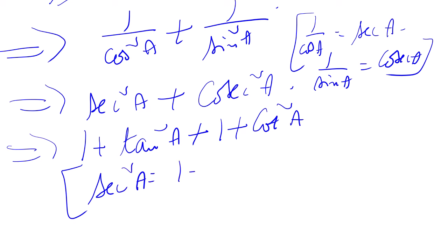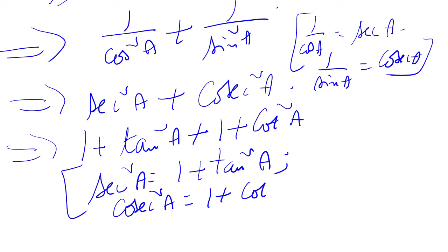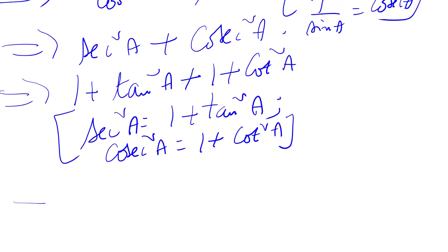One is sec square A is equal to 1 plus tan square A and the other one is cosec square A is equal to 1 plus cot square A.